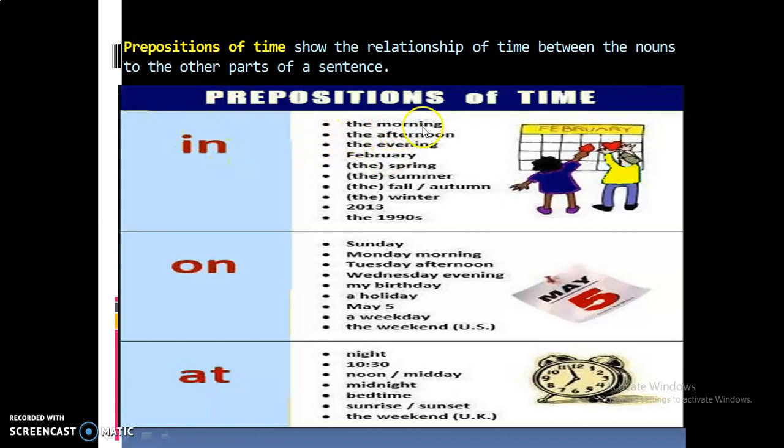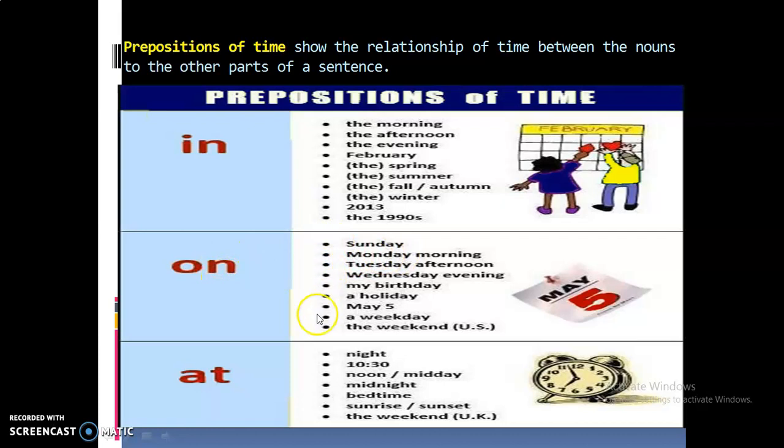In the morning, in the afternoon, in the evening, in February, in 2013, in 2021, in the 1990s. And you can't say in Sunday. That is wrong. It is ungrammatical if you say in Sunday, in Monday morning. So you must know where to use this preposition.